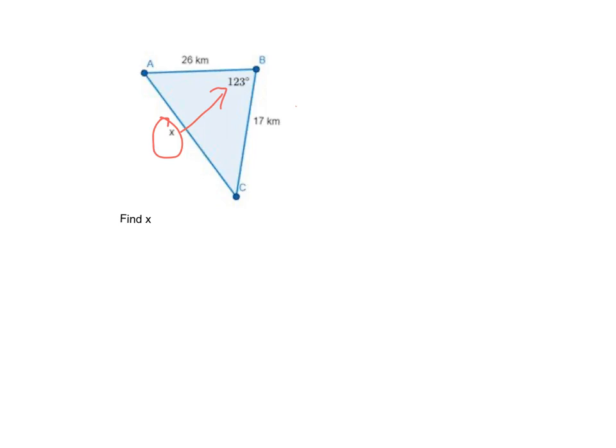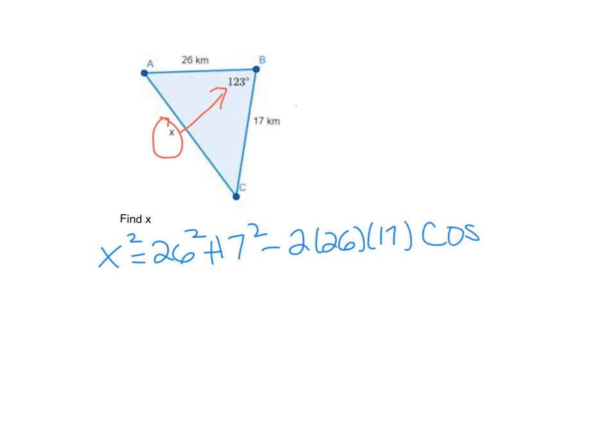So I write x squared is equal to the other two sides that I'm given, squared. Right now it looks like the Pythagorean theorem, but I have to subtract 2 times those two sides, and then the cosine of the angle that's given.